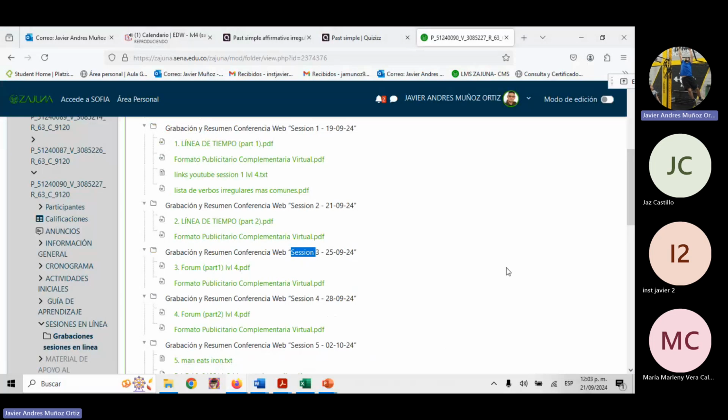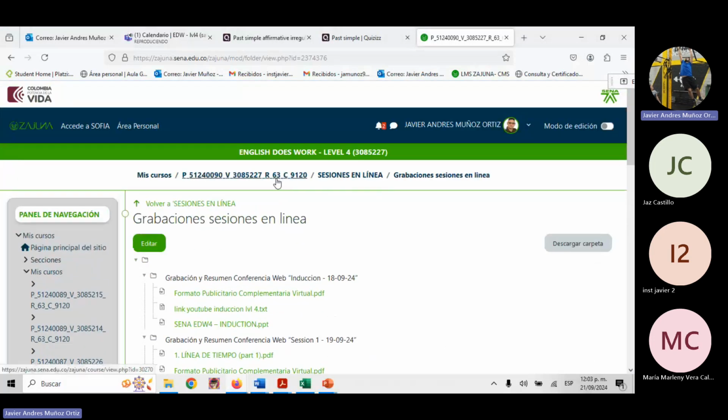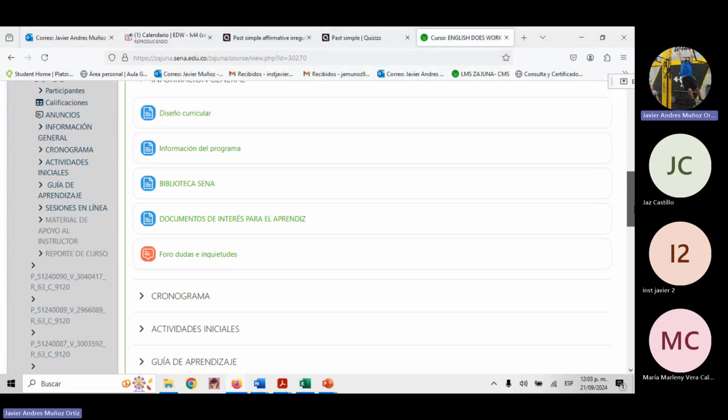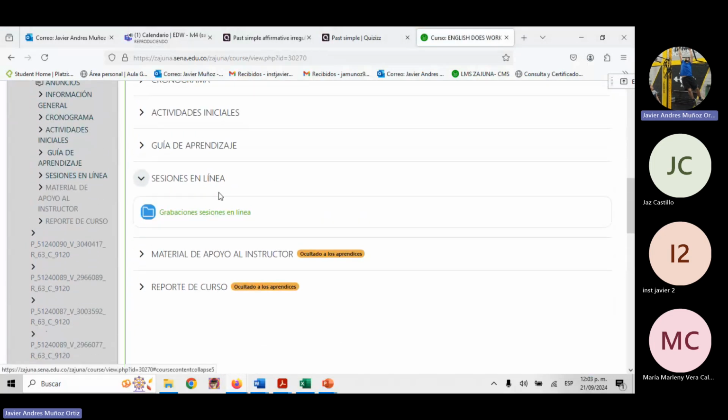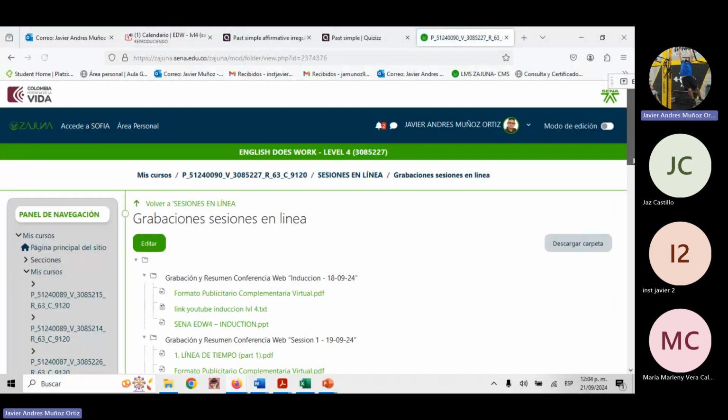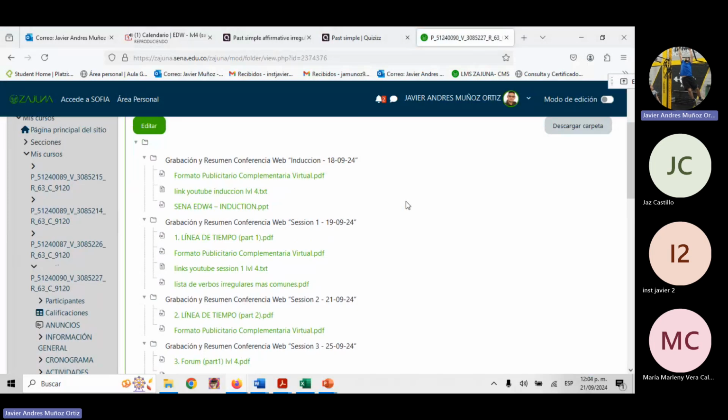So here is the route. Where again, in Sayuna, once you are in Sayuna, you click in sesiones en línea, grabaciones, and check the information of the session we have already had. For example, session 1 was on the 19th. Session 2, this is today's session, is today, the 21st.